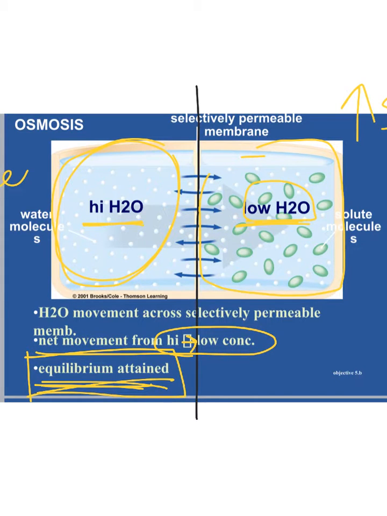So again, we're going to get movement of water from an area of high concentration to an area of low concentration. We'll have the solutes moving this way to the left because they're high solutes over here, low solutes over here. And we're going to get movement back and forth across this membrane of water and solutes until we reach equilibrium, until we get even concentrations of water and solutes on both sides.